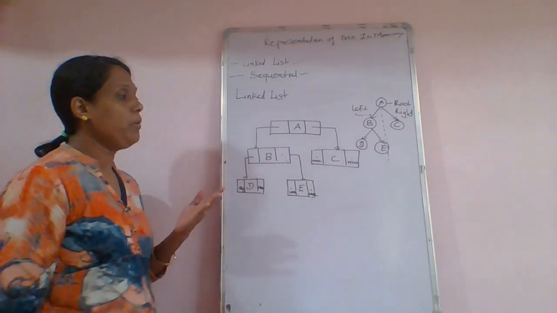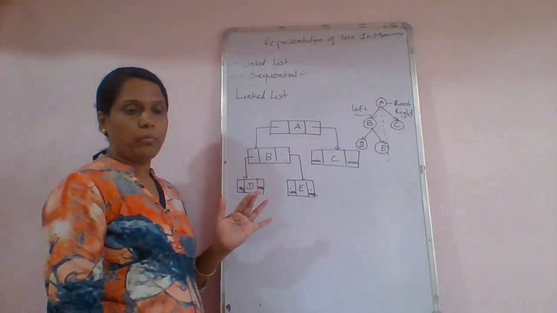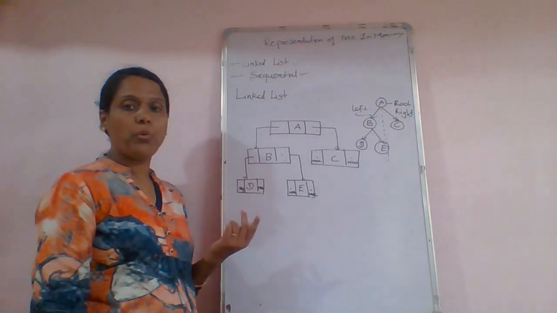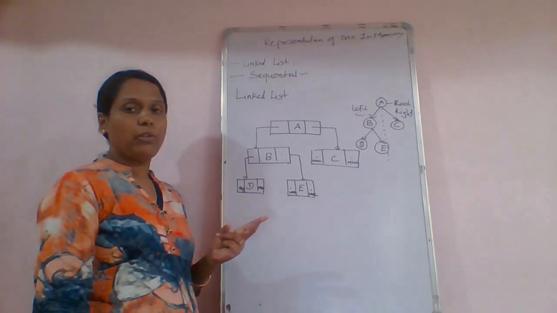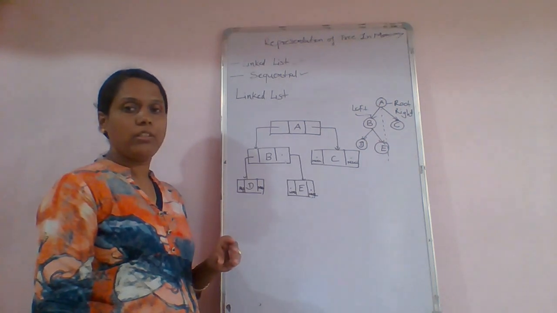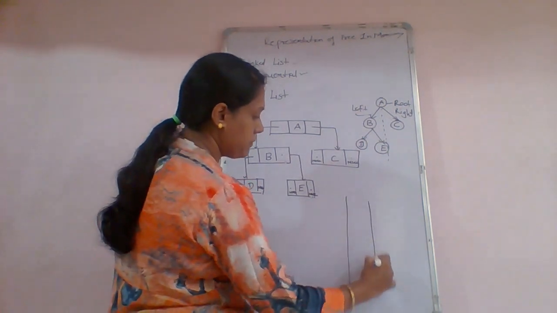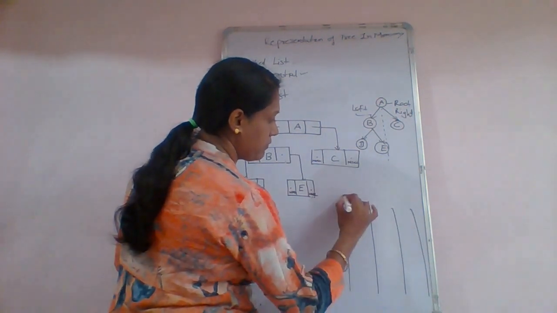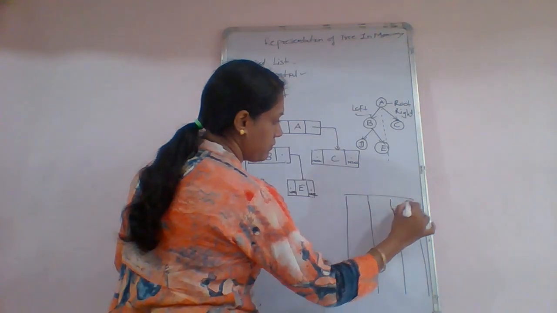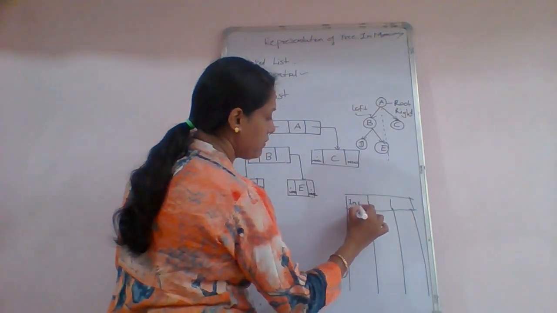Now when you are going to represent the linked list using arrays, we have to maintain three arrays. One array for the info part, one for the left part and one for the right part. So we consider the three arrays. This is the info part.